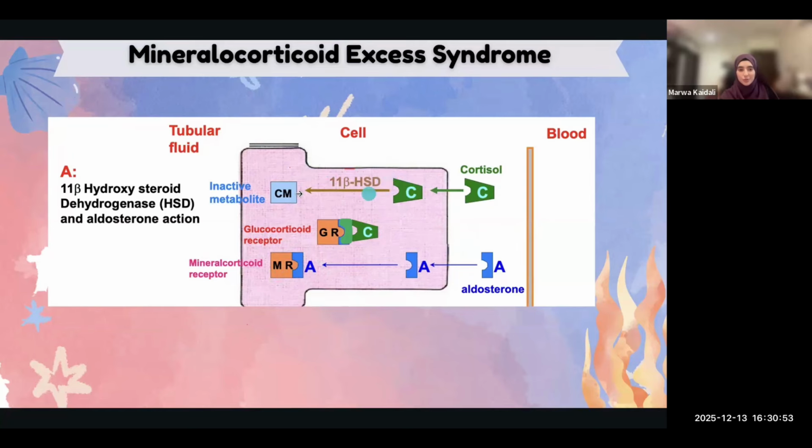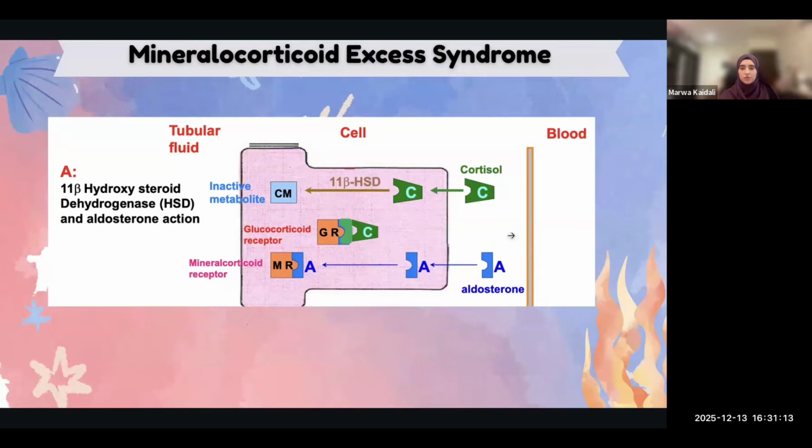I know the name is horrible, but this is the enzyme name, and it's going to protect us by converting the excess cortisol into an inactive metabolite known as cortisone. Okay, so now that we have this inactive metabolite, it is not going to be able to bind to the mineralocorticoid receptor.